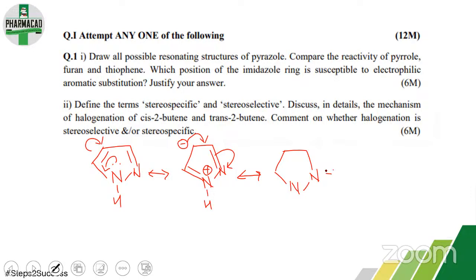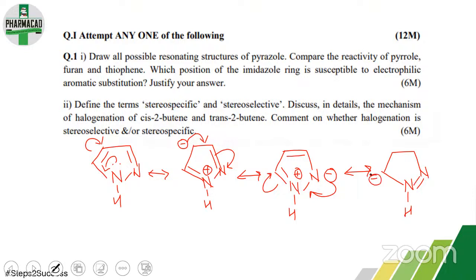So we will get a negative charge on this nitrogen. We will have a double bond over here, and we already have a double bond on this nitrogen and carbon. After this gets shifted over here, this will get shifted over here. You have to remember to follow the resonating structures in only a single direction. You can't change the direction in between.